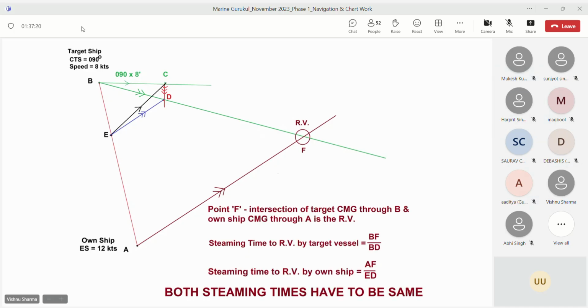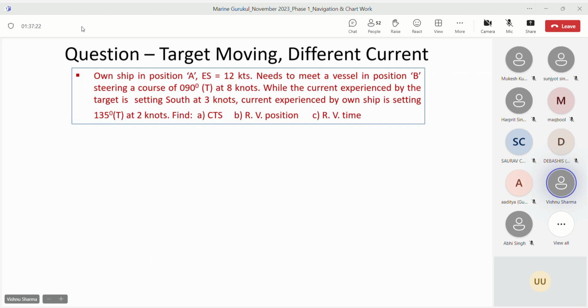Now, you see, this one is very unlikely to be asked because, in all fairness, the target and the own ship will experience different currents only when they are far off. But as they are coming closer to each other to meet, both have to experience the same current. But it may be the initial setting of the course, which maybe somebody can argue.